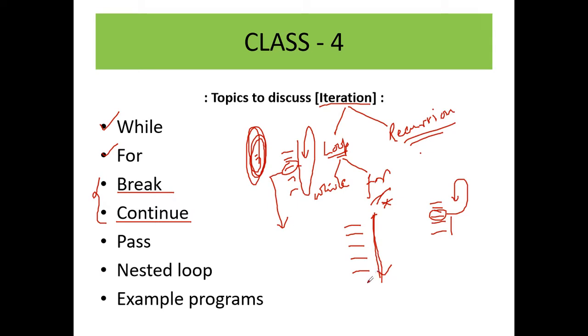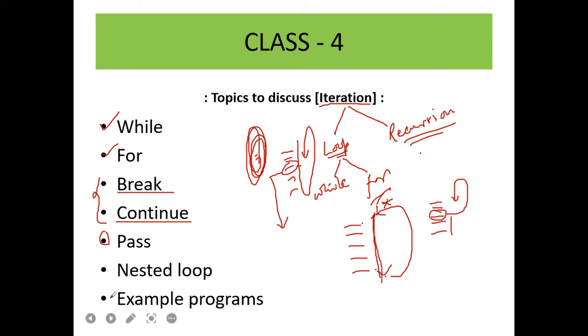Once the while or for construct reaches the end point, it takes the control back to the starting point, so another iteration goes on. So iteration means traversing from the starting point to the end point of the loop body. Now pass is a new thing in Python, we will see it.